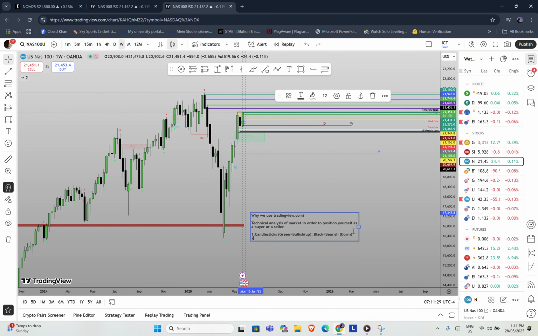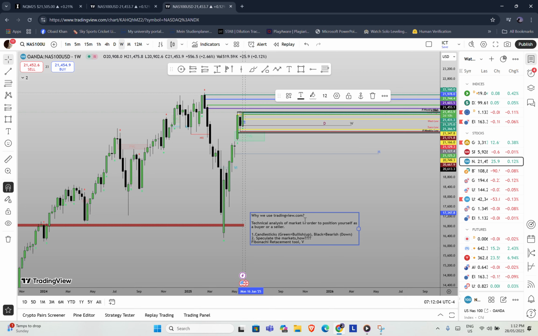Now to the second point. How do we speculate the market? We have different tools in order to speculate the markets. So we have tools which are called the Fibonacci retracement tool.